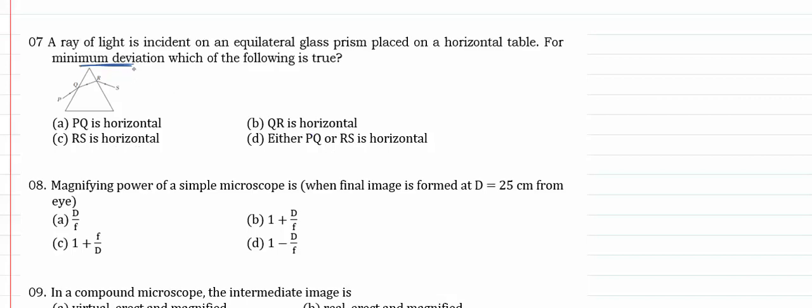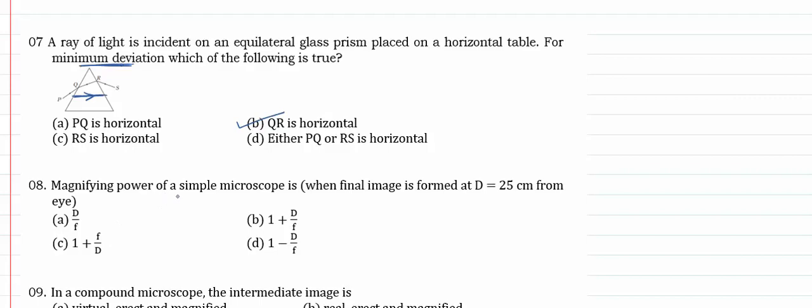So minimum deviation ಒಳಗೆ ನೆನ್ಪಿಡ್ರಿ, ಯಾವಾಗಲೂ ರೇ ಇನ್ಸೈಡ್ ದಿ ಪ್ರಿಸಮ್, ದಿಸ್ ವಿಲ್ ಬಿ ಹಾರಿಜಾಂಟಲ್. ಅಂದ್ರೆ ನಂದು ಯಾವ್ದು ಹಾರಿಜಾಂಟಲ್ ಆಗ್ಬೇಕ, QR should be horizontal. So always ray of light inside the prism will be horizontal for minimum deviation position.